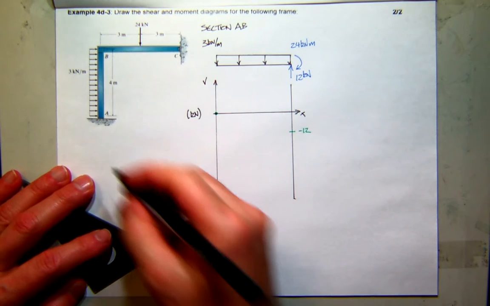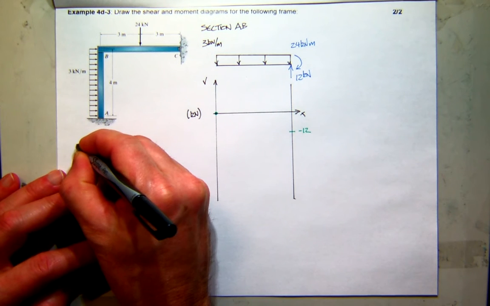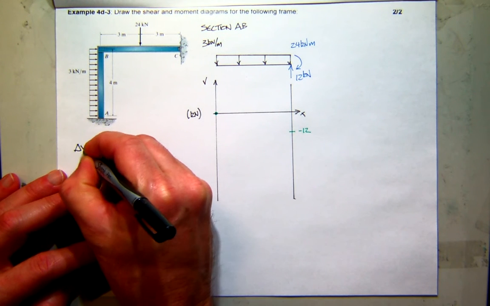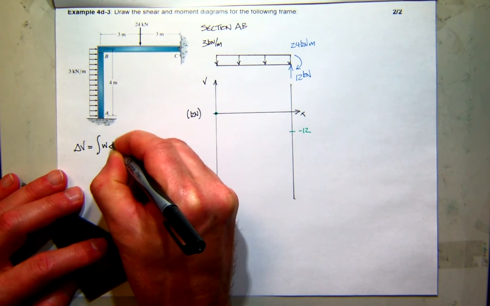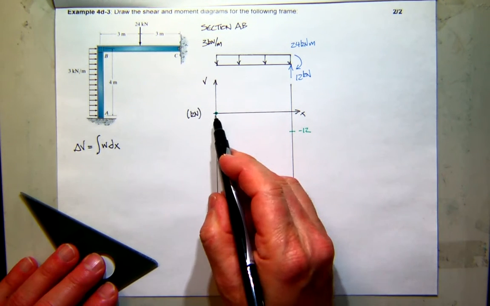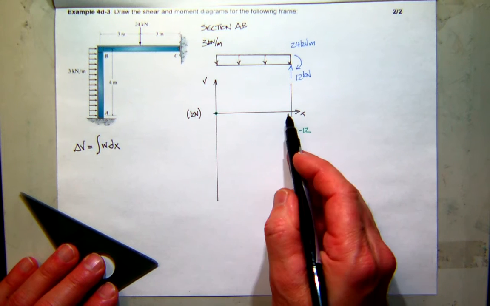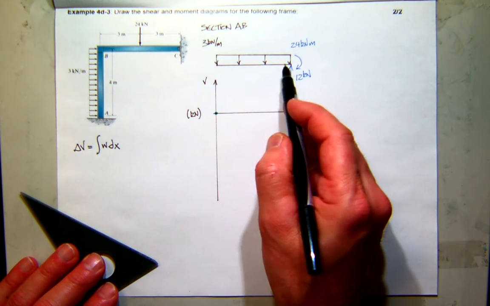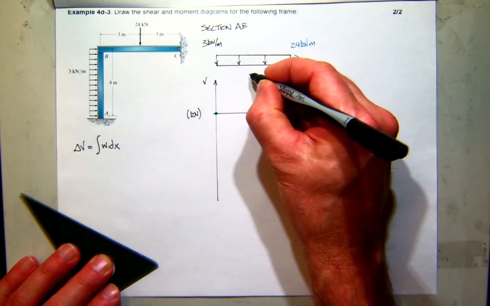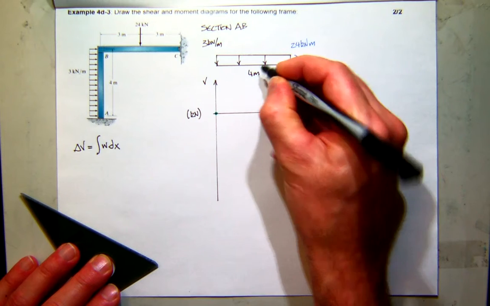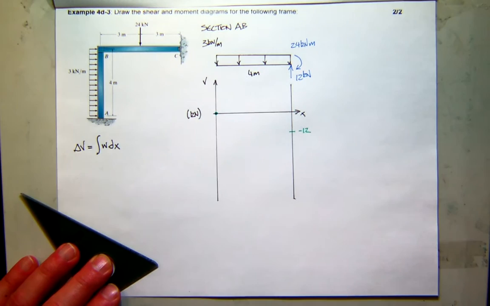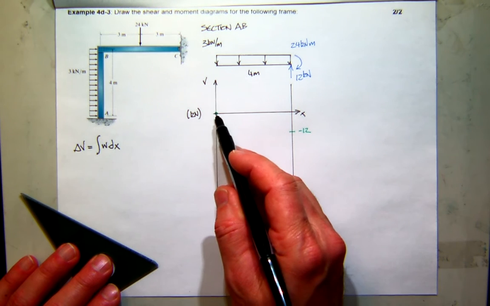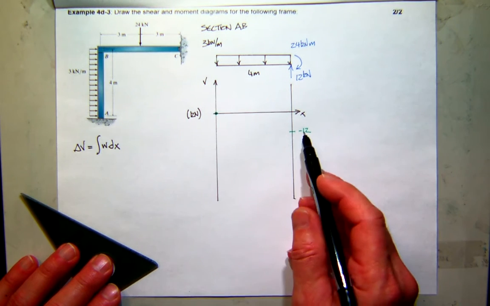Now remember, our differential and integral relationships say the change in shear between any 2 points is the area under the load curve. So the change in shear from A to B should be the area under the load curve from A to B, which is rectangular, so base 4 meters times height 3 kilonewtons per meter is negative 12. And if you start at 0 and you subtract 12, you get negative 12, so that matches.